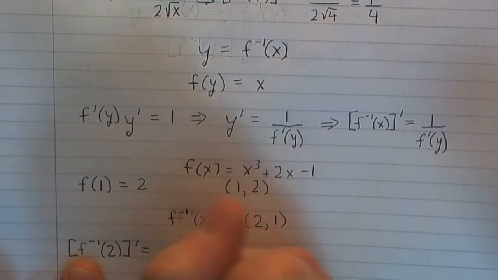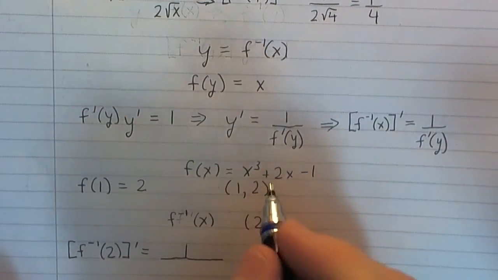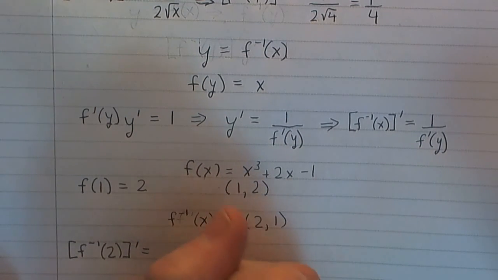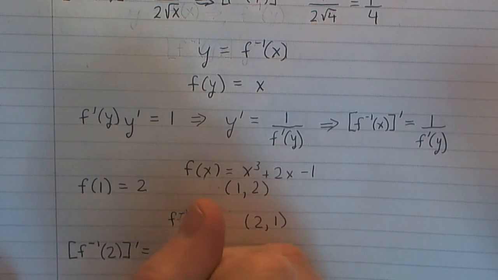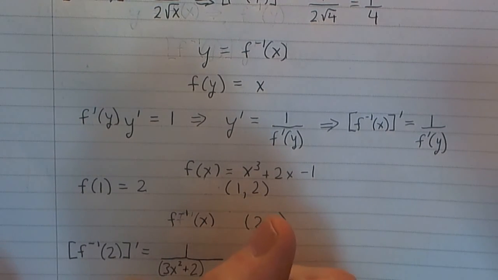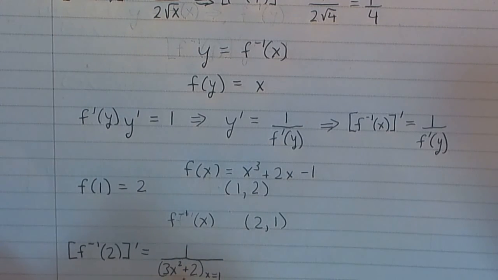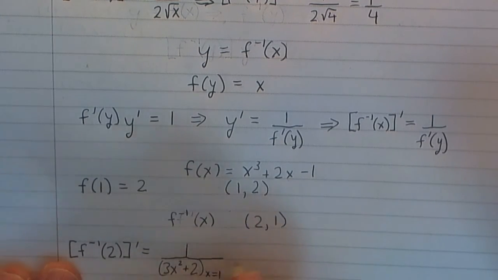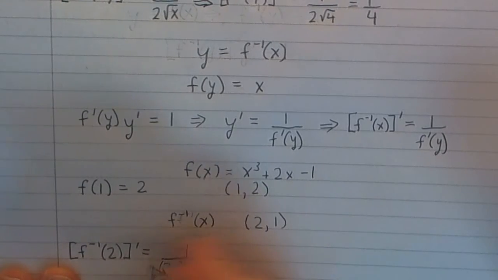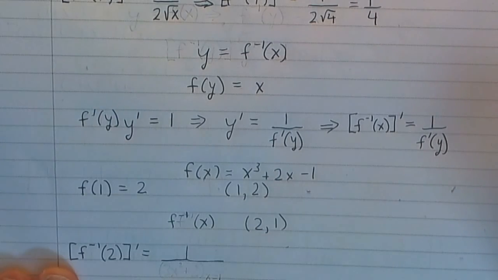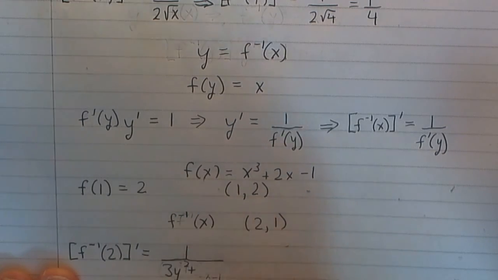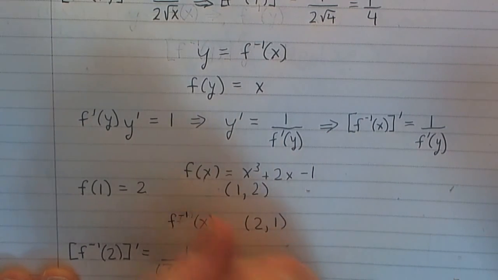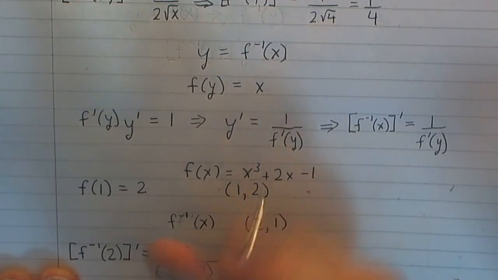Now I'm going to put 1 over 3x squared plus 2 for x equals 1. And actually, let me write that a little differently. I'm going to have 3y squared plus 2 for y equals 1.